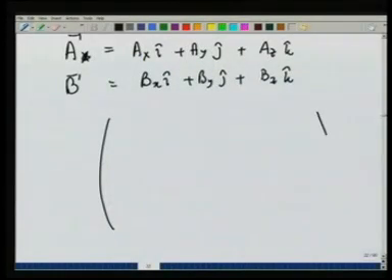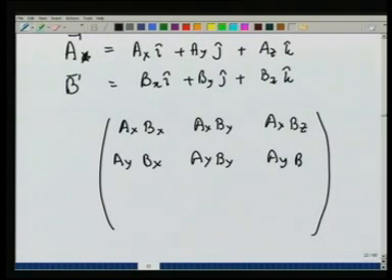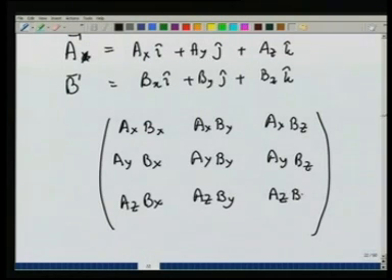All possible combinations of the products are a_x times b_x, a_x times b_y, a_x times b_z, similarly a_y times b_x, a_y times b_y, a_y times b_z, and a_z times b_x, a_z times b_y, and a_z times b_z.